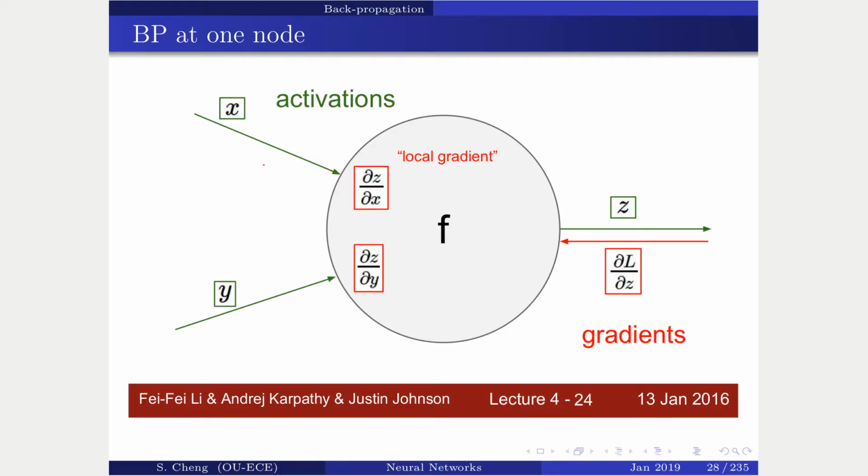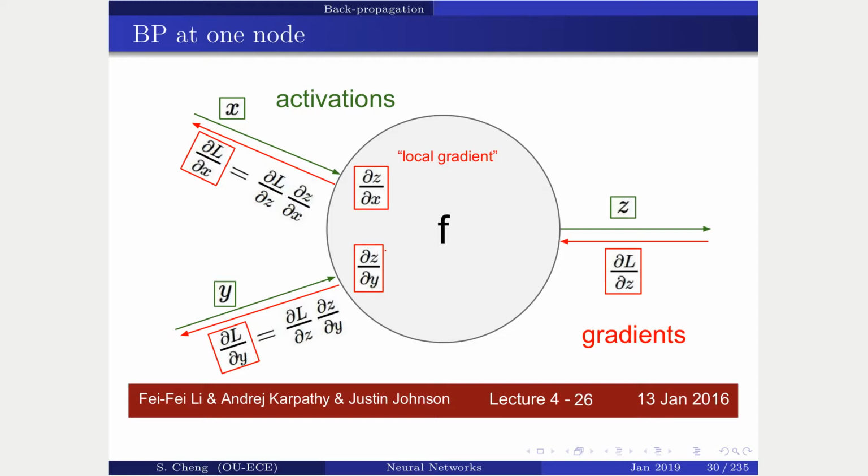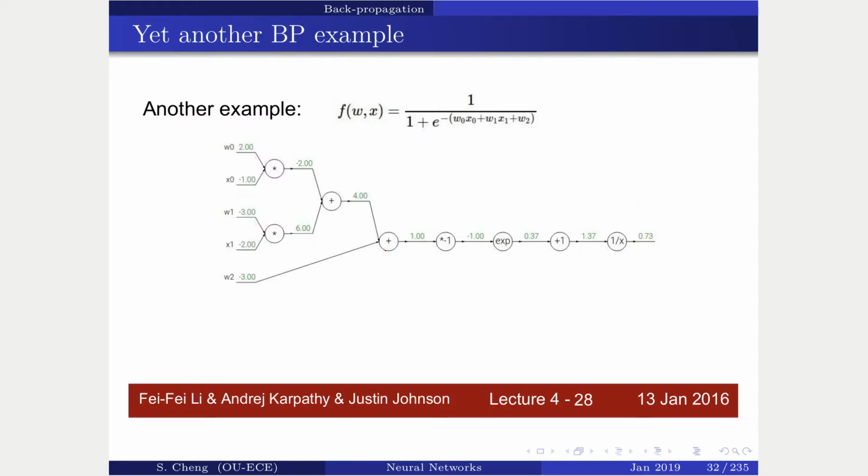And then when we go backward, you receive some partial derivative from the later layers. And then you multiply this gradient, this partial derivative, with each of these things we already stored and then propagate back. So I think it's pretty clear.